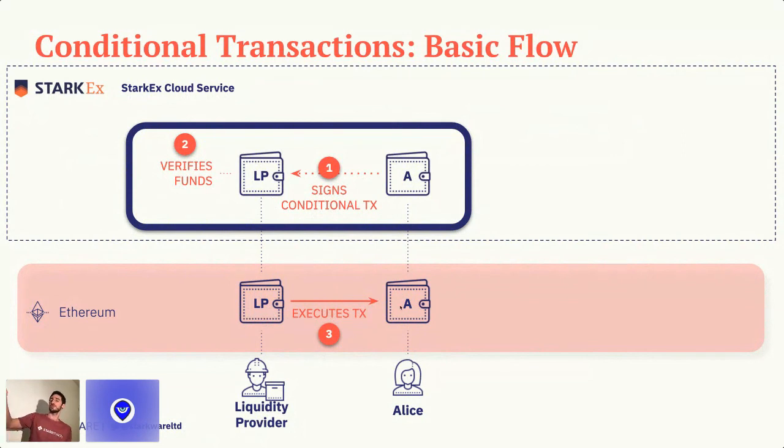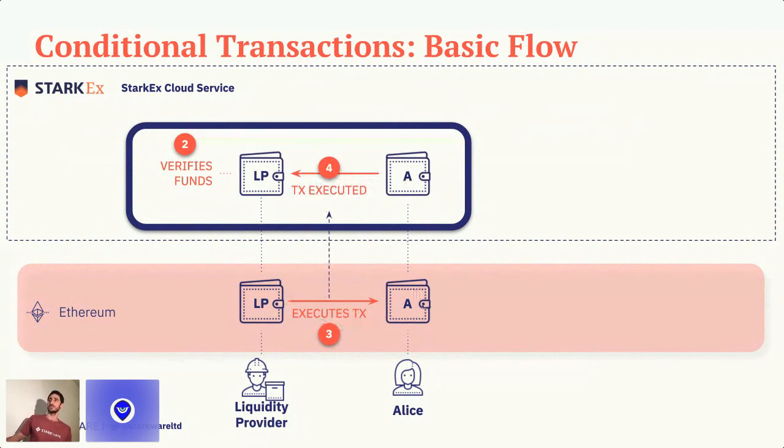So this transaction is not valid, meaning we can't generate a proof for it, unless the liquidity provider transfers funds to Alice. So once the liquidity provider has this transaction, he can execute the transaction on chain, and then the transaction off chain can be executed because the condition is met.